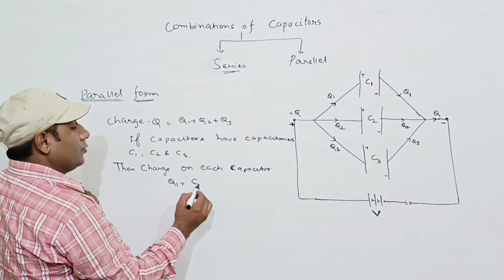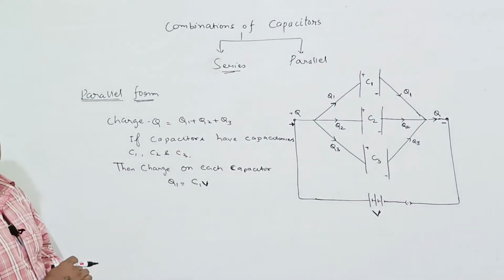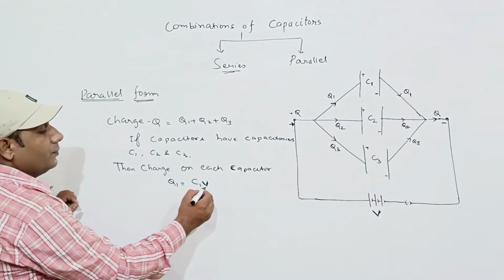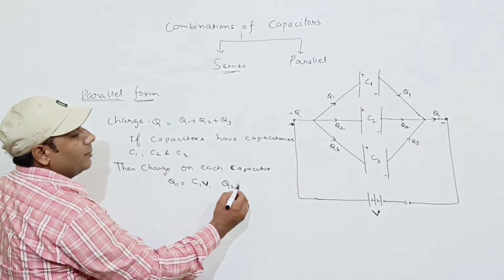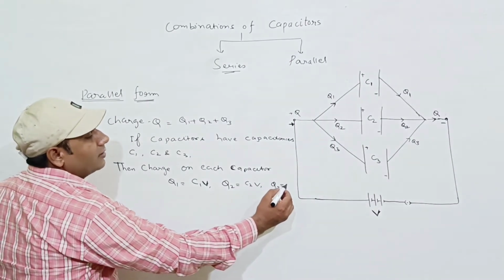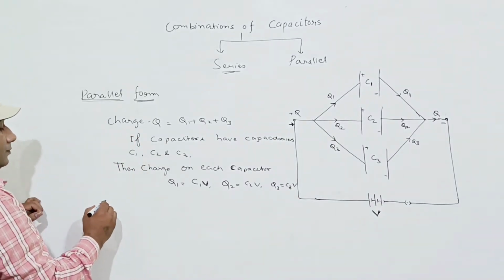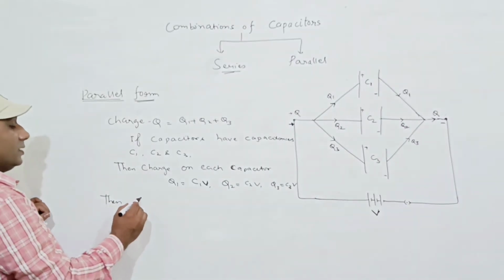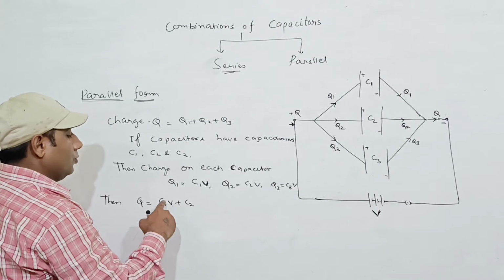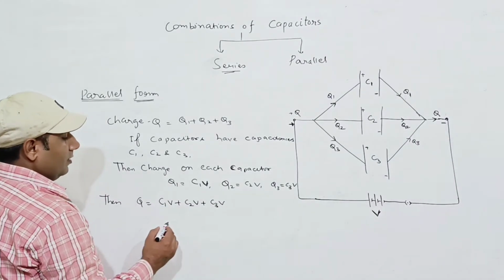Q1 is equal to C1V, because V is constant and remains the same in parallel form. The charge on the second capacitor will be C2V and the charge on the third is C3V. Then Q is equal to C1V plus C2V plus C3V.